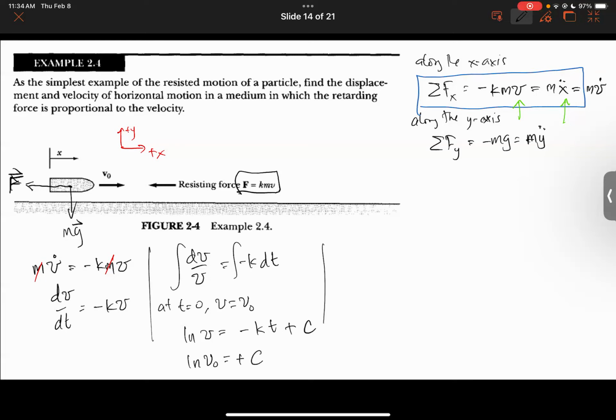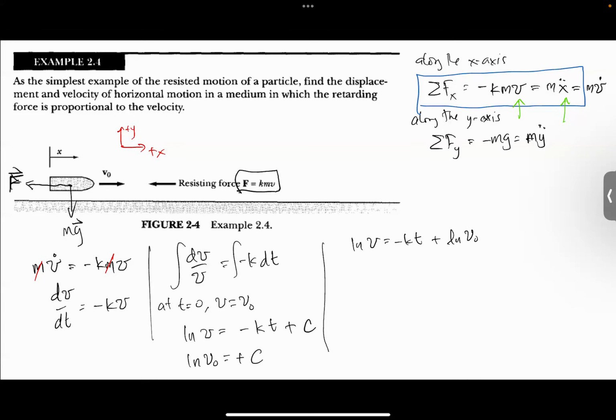So we write ln of v is equal to minus kt plus ln of v naught. Lipat natin yung ln of v naught sa kabila. So we have ln of v over v naught is equal to minus kt. Then, kunin natin yung exponential niyan. We have v over v naught is equal to exponential minus kt, or v is equal to v naught exponential minus kt.